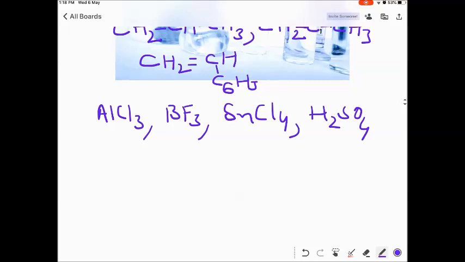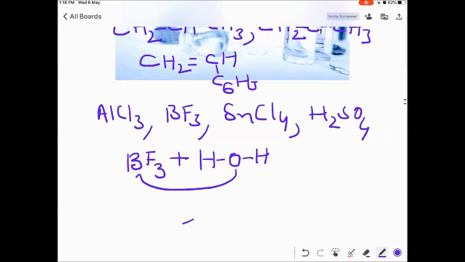Let us write the reaction. BF3 is a Lewis acid catalyst. It is short of 2 electrons. It does not have a complete octet, so it reacts with a molecule of water.